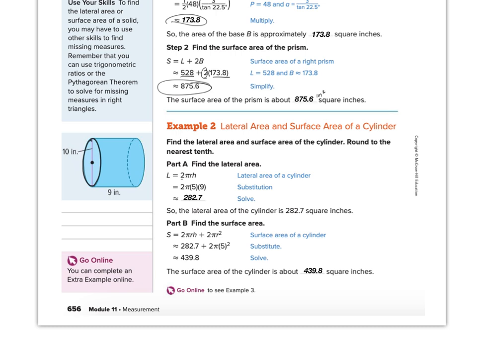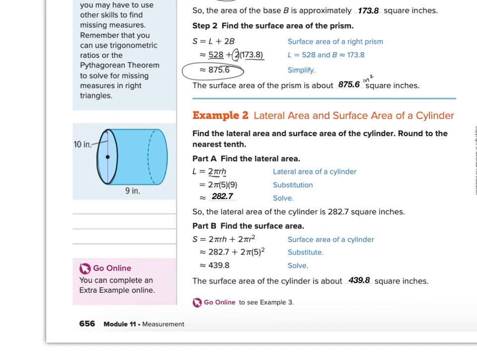So again, the perimeter times the height. In this situation, if the diameter is 10, that means my radius is 5. That's how they came up with some of these values. So the circumference is 2 times pi times my radius, times the height, and that is how we came up with the lateral area.